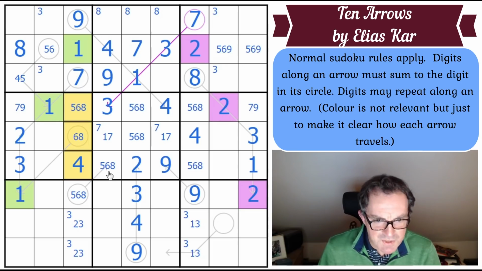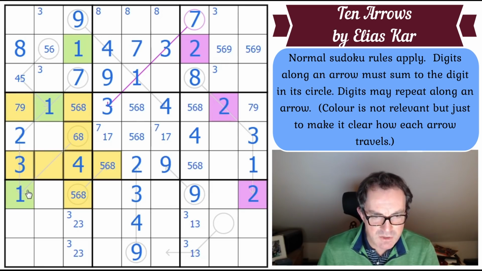Oh, that's gorgeous. Sorry, this is the way round we need to look at this. Look at the effect of this arrow combo on box 4. Whatever's in those squares is ruled out by Sudoku of all those squares, and 5, 6 and 8 are not equal to 7 and 9. So this square is a 5, 6 or an 8, and that's creating a triple in the box.